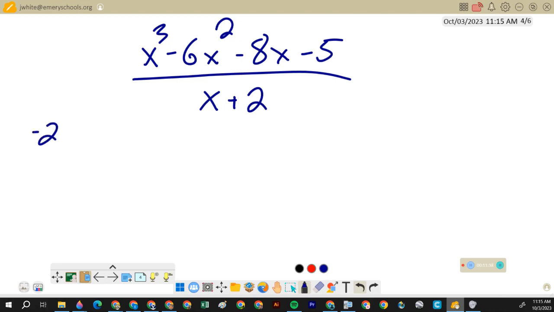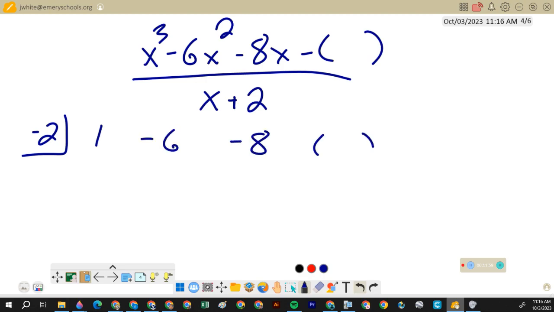Negative 2. I'm gonna put that as a question mark. I don't know what that is, but we'll figure it out in a minute. So there's a number there. I just don't know what it is yet. So negative 2 goes in the box. Am I missing any coefficients? They're all there. 1, negative 6, negative 8, and then whatever the last one is.